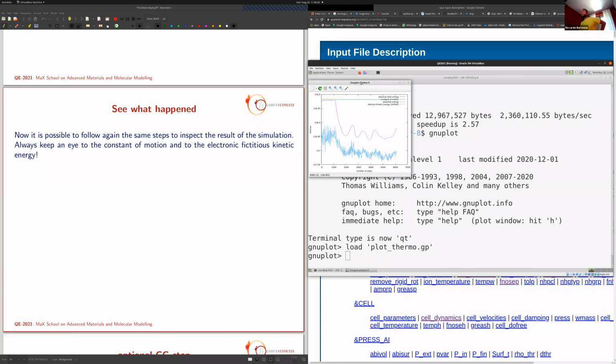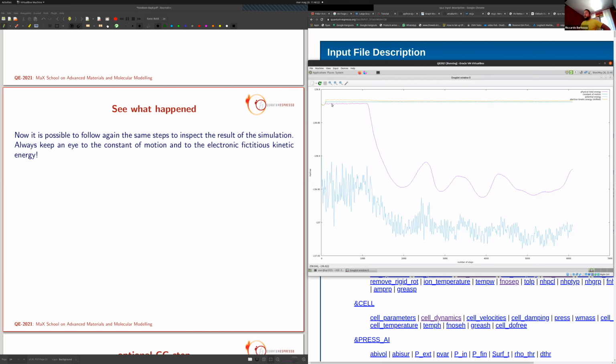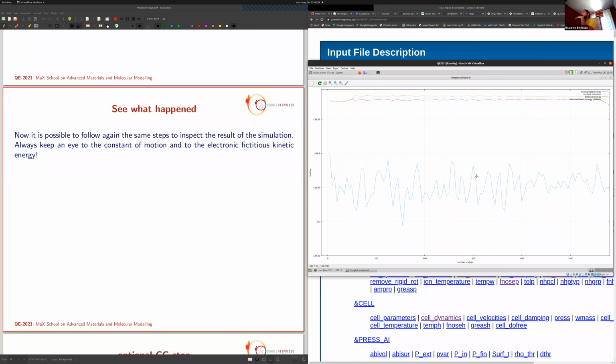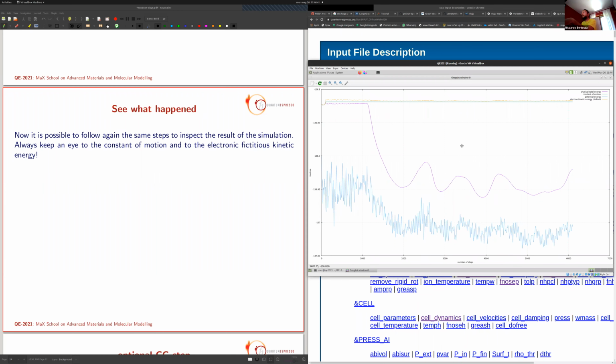Oh, interesting. So you see the data is always appended at the end of the file. Here at the beginning, you have the plot that we had before. So this is exactly the plot that we had before. But then we switched on the Nosé-Hoover thermostat.